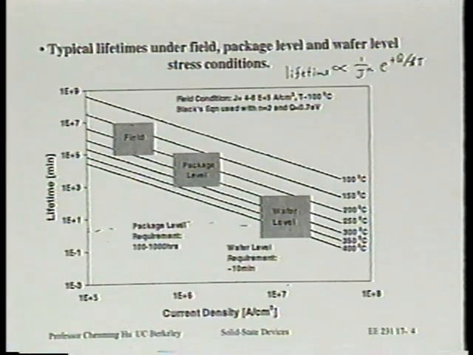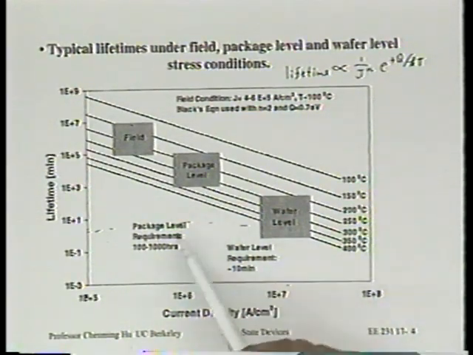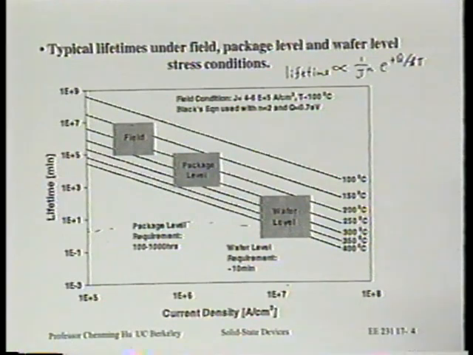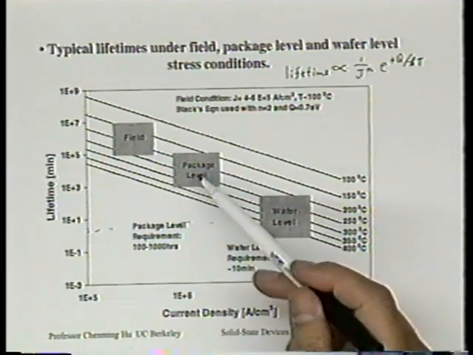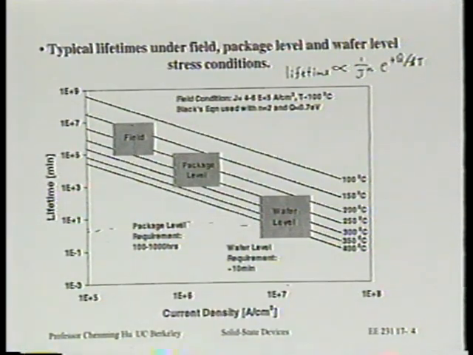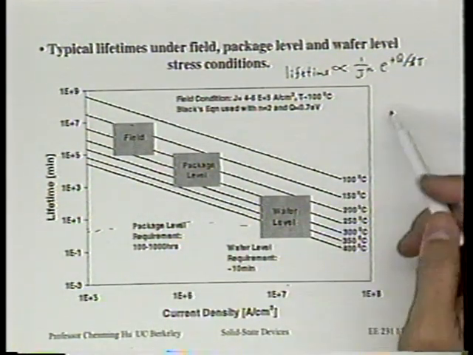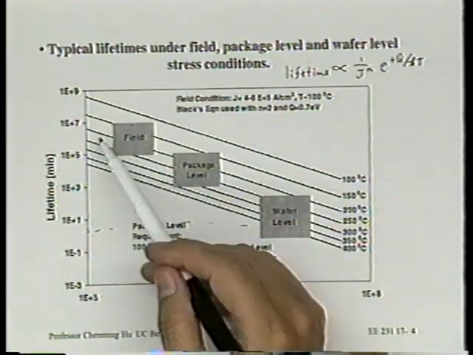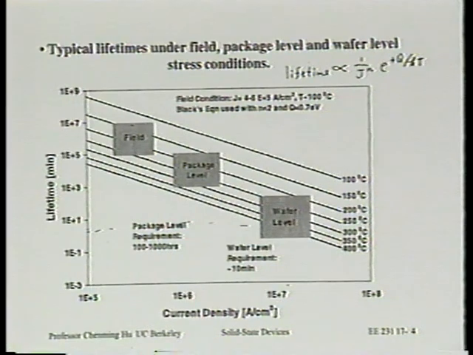That wouldn't give them the result soon enough. So they choose that condition so that they accelerate the failure. They see the failure within, let's say, days, and then based on that, they infer, at the lower current density the designer actually uses for the metal, and at the lower temperature where the chip is actually going to be operating, whether the lifetime is going to be longer than, say, 10 years. So that's the way it works.